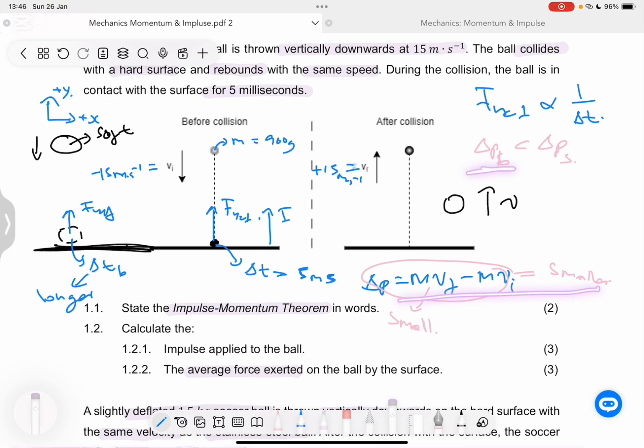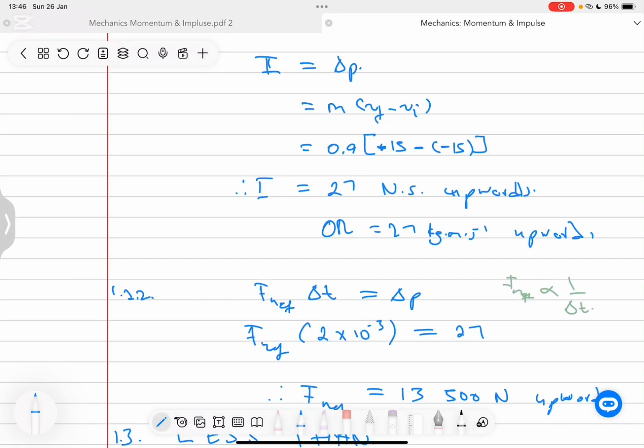So the momentum of the soccer ball will be smaller compared to the momentum of the stainless steel ball, because our velocity here is small. When I subtract the momentum here from this momentum here, I'll get a smaller value compared to when I was doing the stainless steel ball. But change in momentum and impulse are exactly the same. They are equal from the impulse momentum theorem.